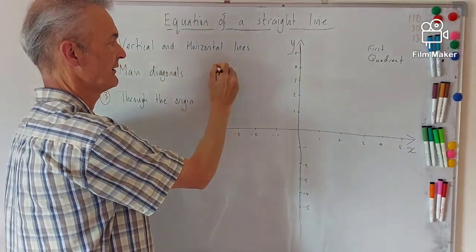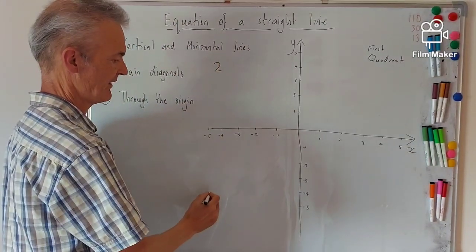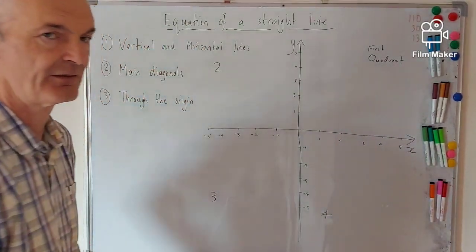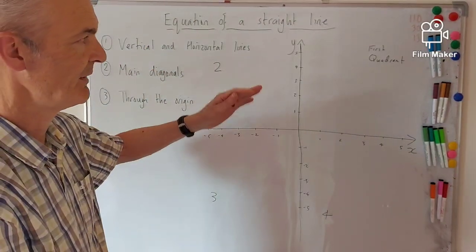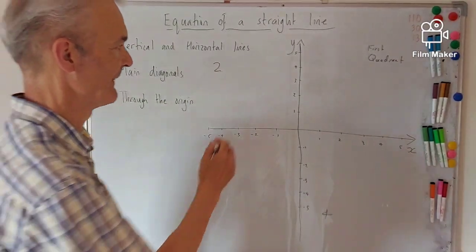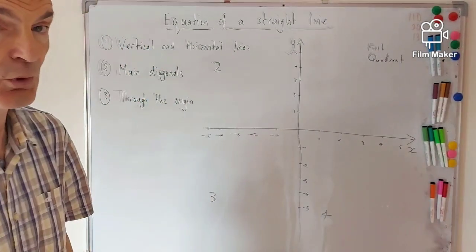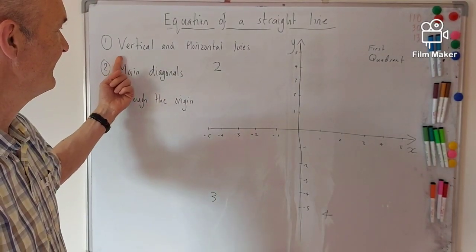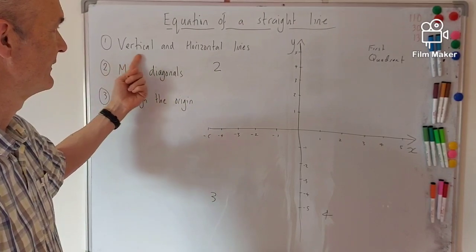This is the second, this is the third, and this is the fourth. Okay, so these lines can appear in any of the quadrants, or they can go through more than one quadrant. So let's first of all look at some vertical lines.